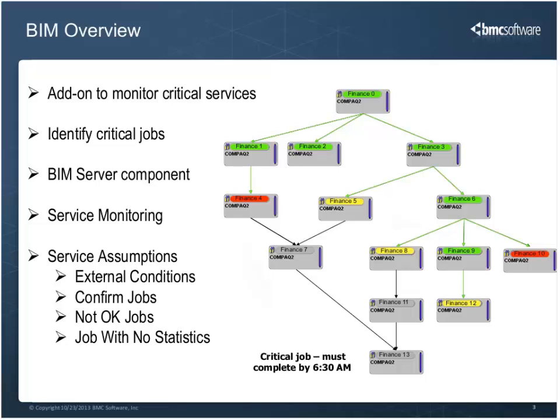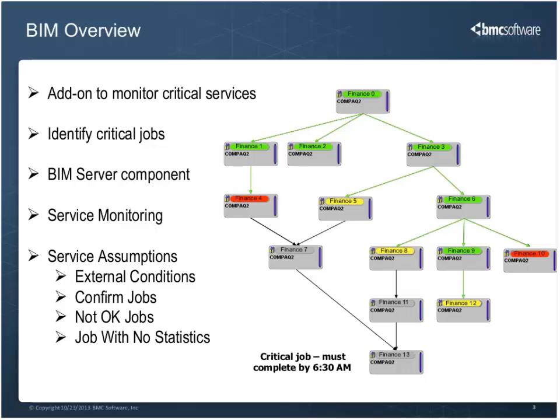In this example at the bottom, Finance 13 is the most critical job that must complete by a certain time. So we'd create a BIM job below that, and any jobs above it linked by conditions comprise the service. That's what defines what a service is.